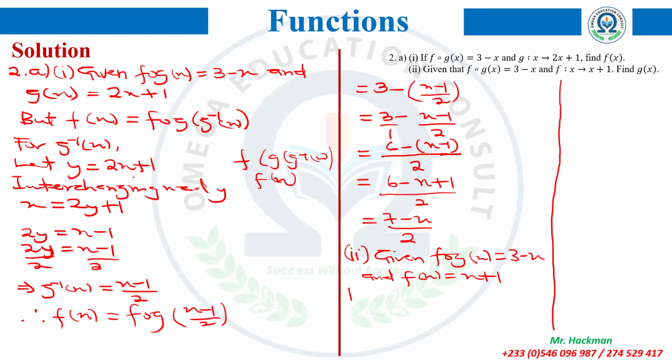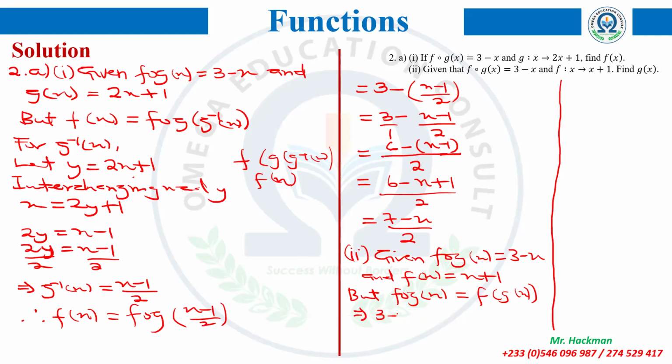I will write, but my f of g of x, I know is equal to f, I feed it with g of x. After this example, I won't use the of x. I will use g, f, and what have you. Later, when I'm concluding, then I'll bring the x. So in this case, f of g of x, I know is 3 minus x. So this implies that it's an equation.